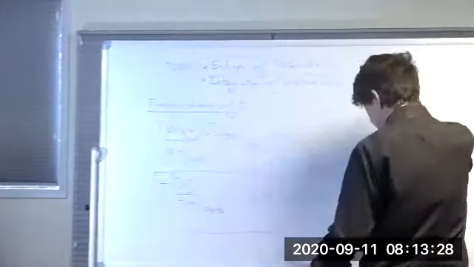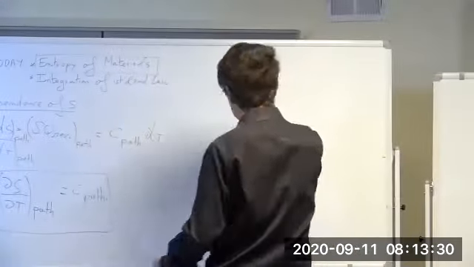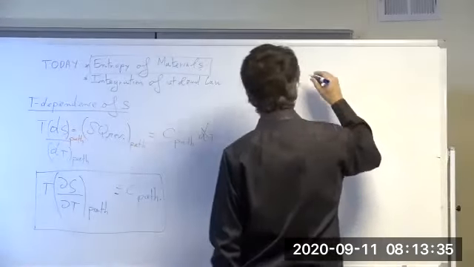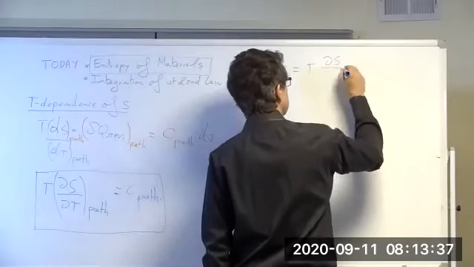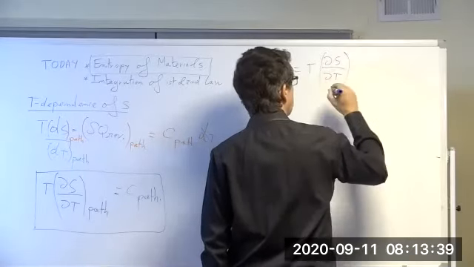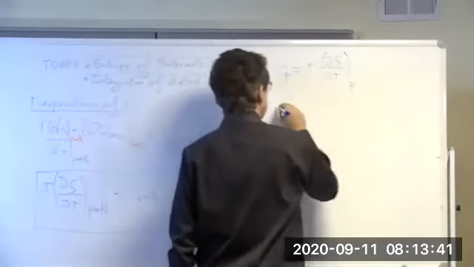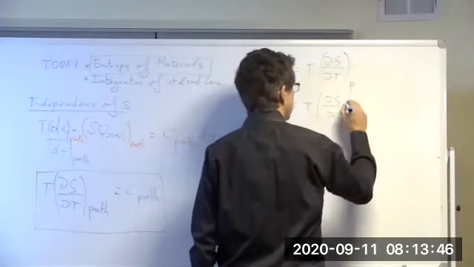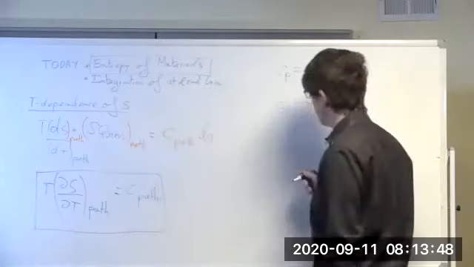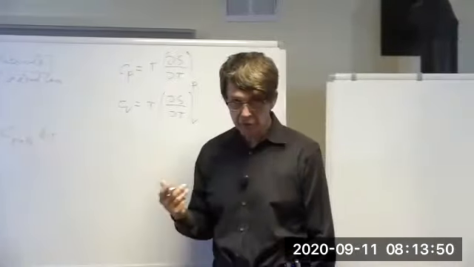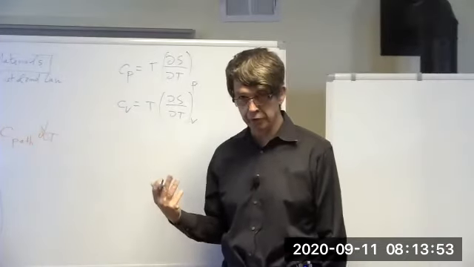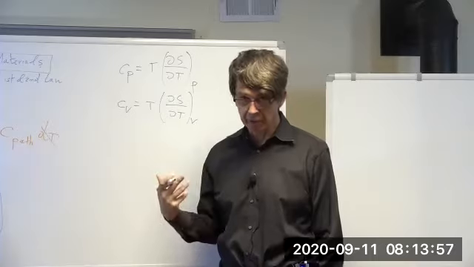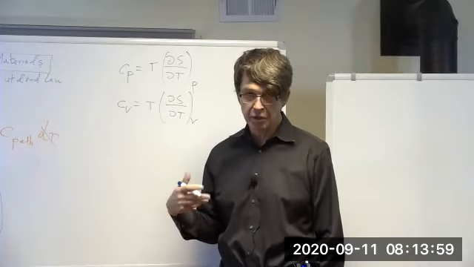So specifically, for example, if you have a simple system with only PV work, you could now define Cp as T dS/dT at constant P, and Cv as T dS/dT at constant V. And for any other heat capacity that we talked about before, if you have more work terms, then you have more variables, so your dimensionality is higher.